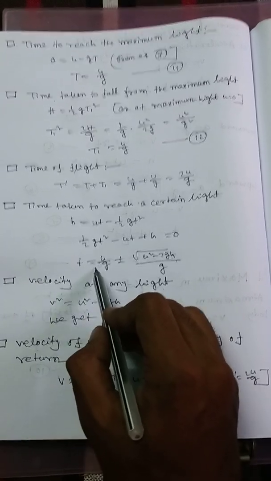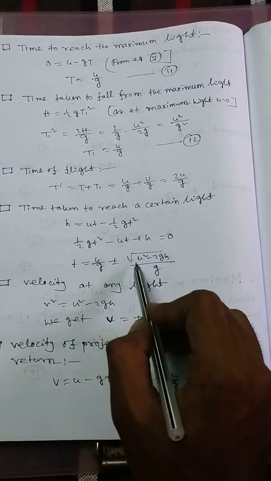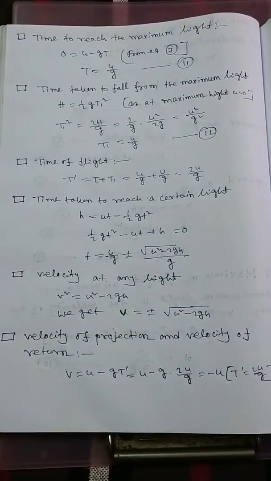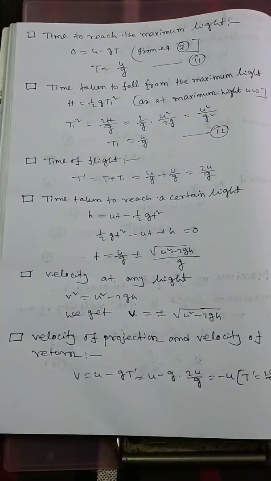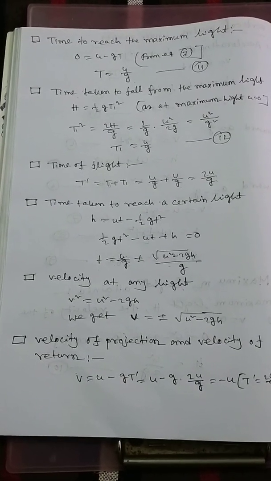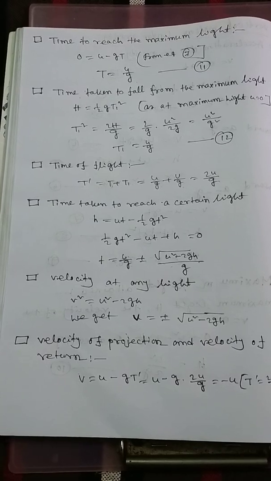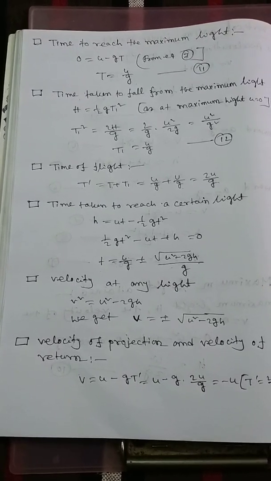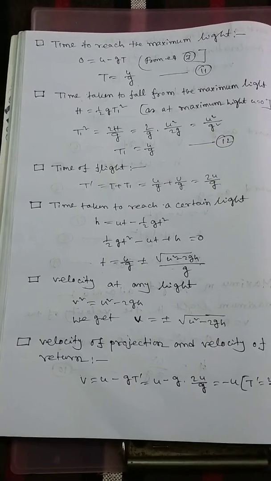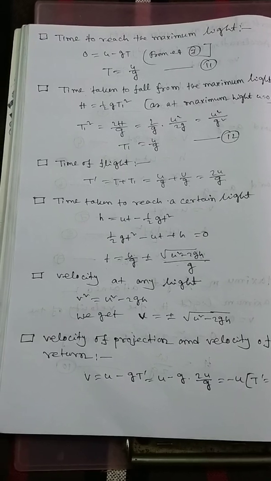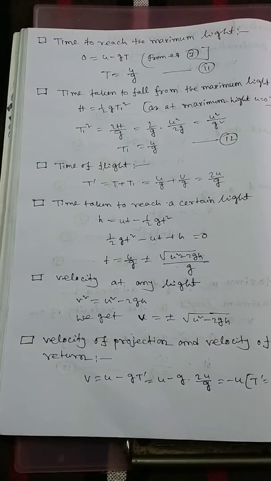Then t equals u by g plus or minus root over u square minus 2gh, by g. From this equation, two different values of t are obtained. This is because the object crosses the point at a height h twice, first during the upward motion and then during the downward motion.